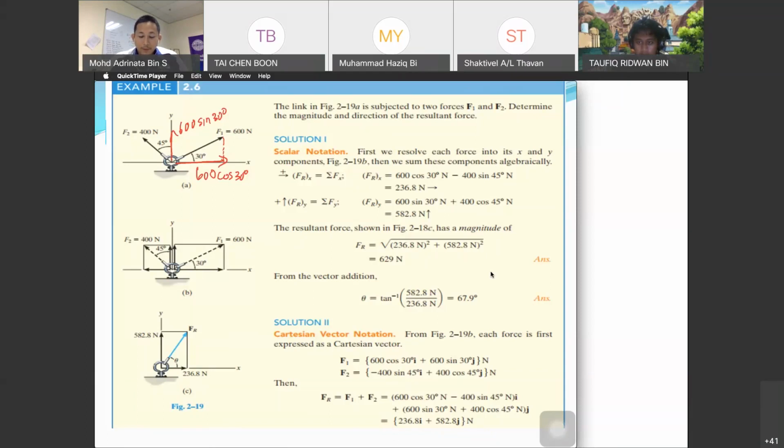So for this one, solution number one. So we have F1 equals 600 Newton and F2 equals 400 Newton. First, we resolve each force into its X and Y components. So for F1, we can divide it into X. So in X direction is 600 cosine 30, 600 sine 30.